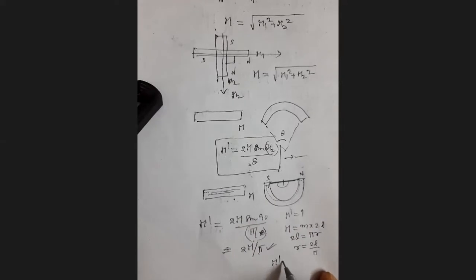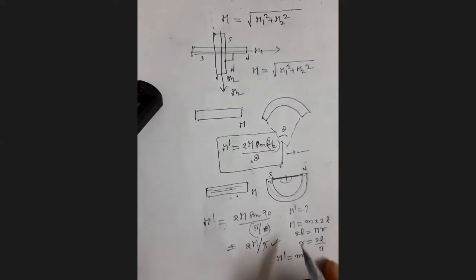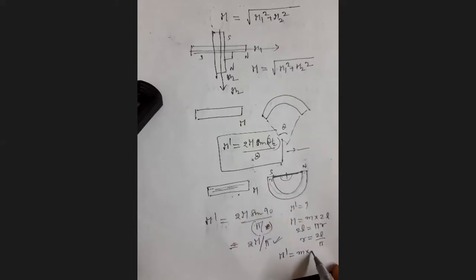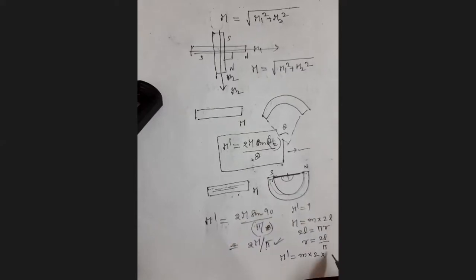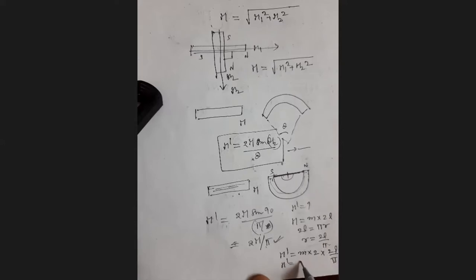Now the new magnetic moment: the pole strength, small m, is not changing due to the bending. Length is equal to effective length, equal to 2 into r, that is 2 into 2l by pi. M into 2l is what? M dash is equal to m into 2l, capital M, 2m by pi.